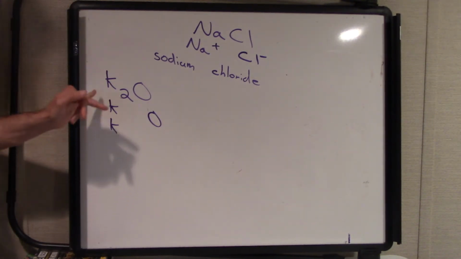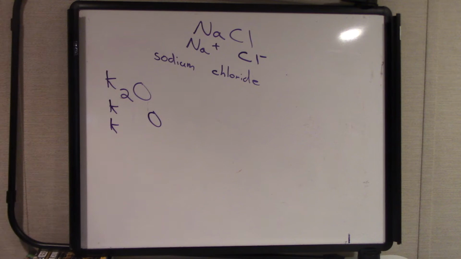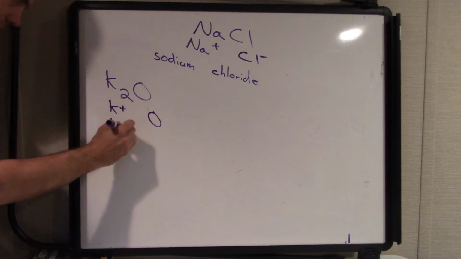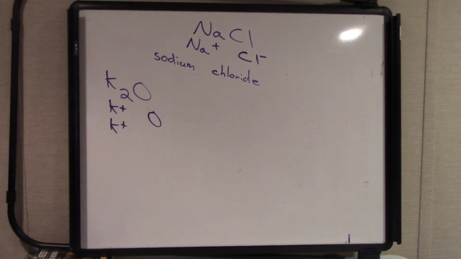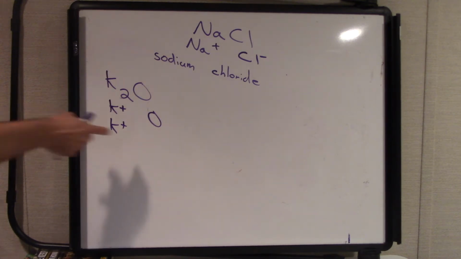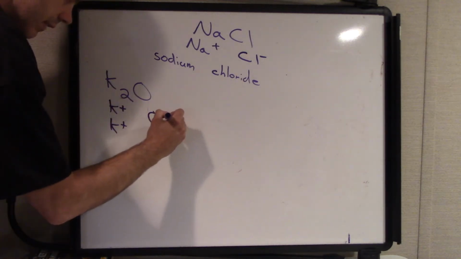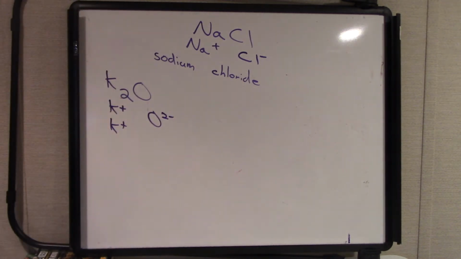When we look at potassium's position on the periodic table, it's in group 1A. Things in group 1A are going to have a +1 charge, so each potassium will have a +1 charge. Oxygen lives in group 6A. Things in group 6A are going to have a charge of -2. Now that we've written out the ions, we can write out our name, starting with the positive ion.